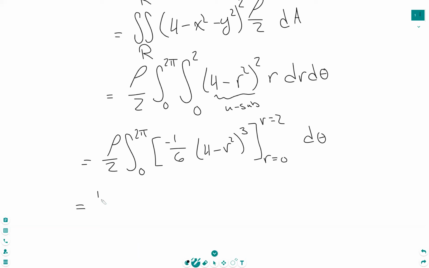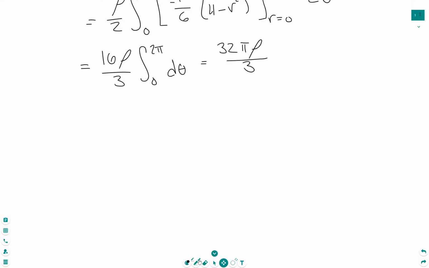This gives us 16 rho over 3, the integral from 0 to 2 pi d theta, or 32 pi times rho over 3. And that's going to help us find the z bar.